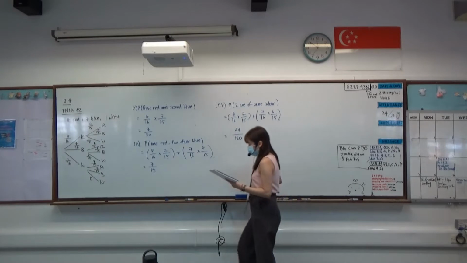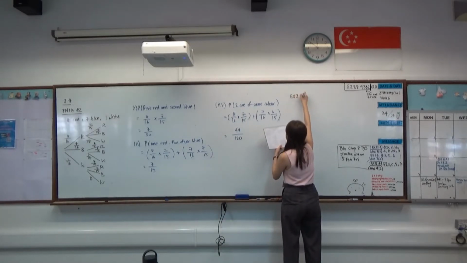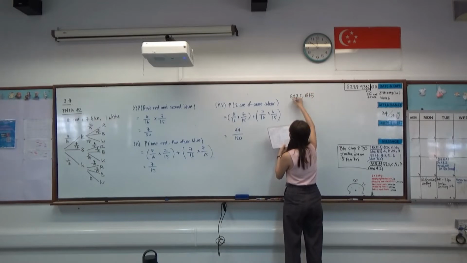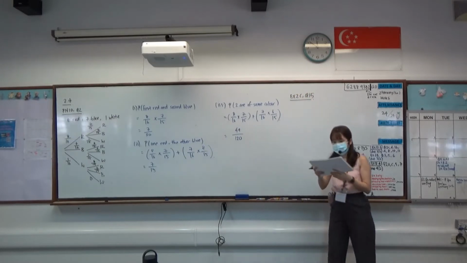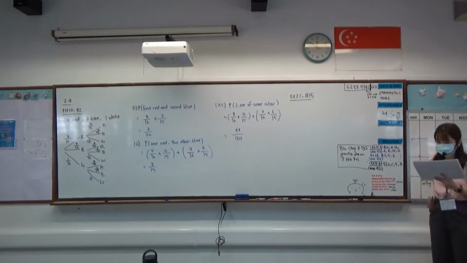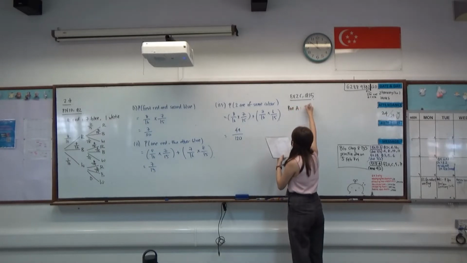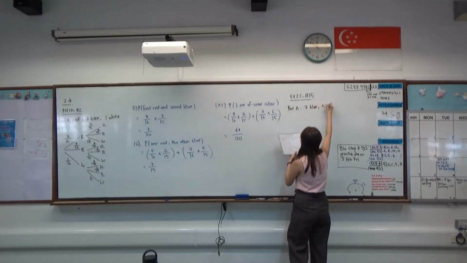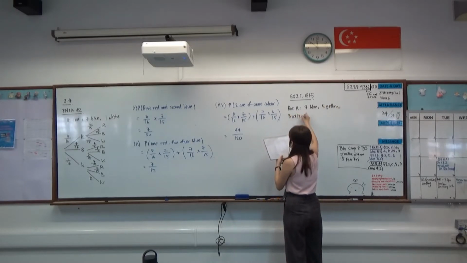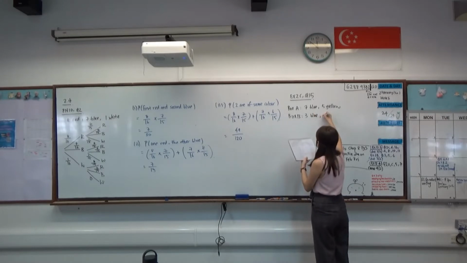Okay. Next, I want us to look at exercise 2C, question 15. Okay. This question is slightly complicated. There are 2 boxes, box A and box B. Box A has 7 blue and 5 yellow. Box B has 3 blue and 7 yellow.